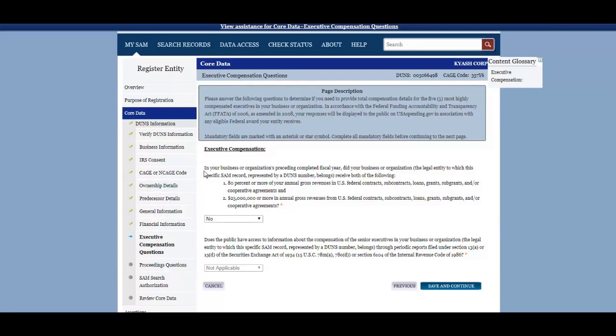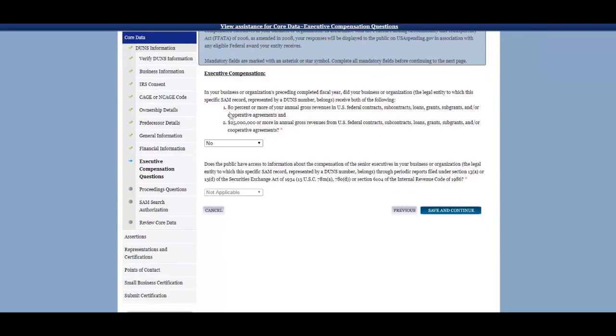In your business or organization's completing fiscal year, did your business or organization, the legal entity to which this specific SAM record, represented by a DUNS number, belongs, receive both of the following: 1, 80% or more of your annual gross revenues in U.S. federal contracts, subcontracts, loans, grants, subgrants, and/or cooperative agreements, and 2, $25 million or more in annual gross revenues from U.S. federal contracts, subcontracts, loans, grants, subgrants, and/or cooperative agreements. The answer would be, unfortunately, no.